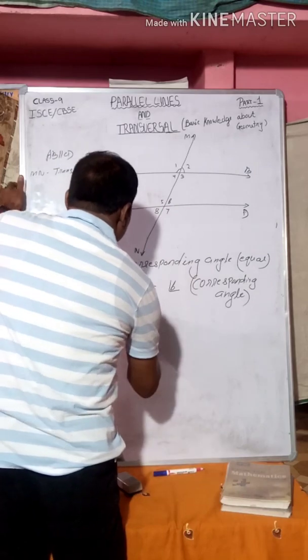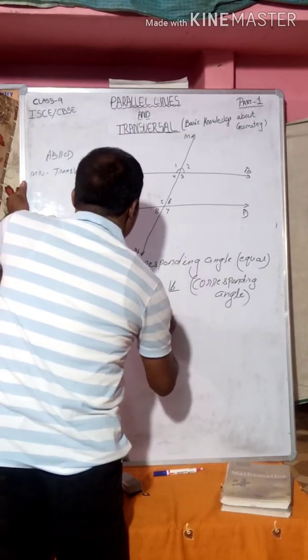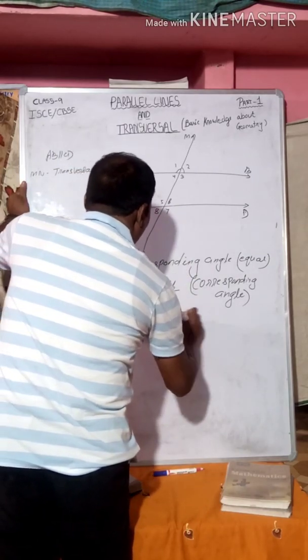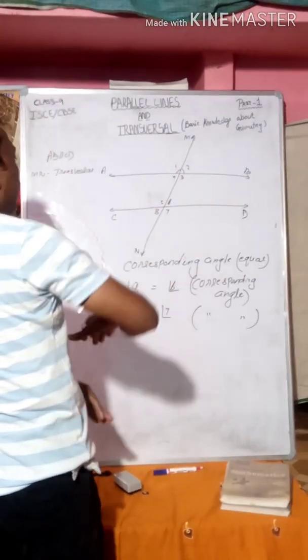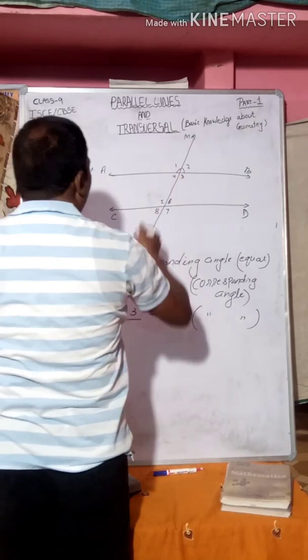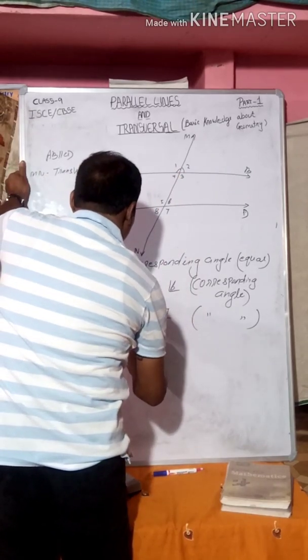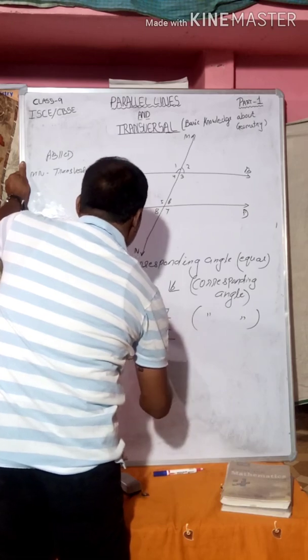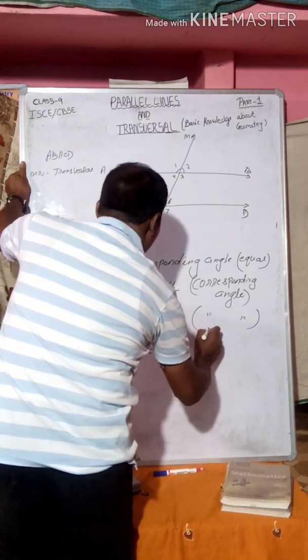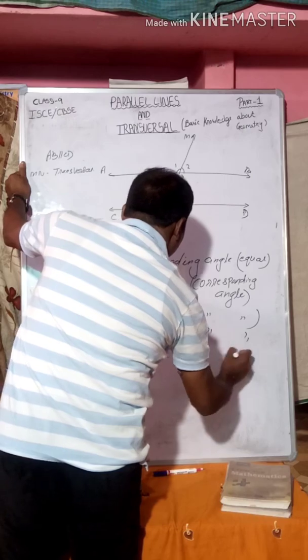Likewise, angle 3 is equal to angle 7, that is a corresponding angle. Then come to the next side of the transversal. Angle 1 is equal to angle 5, angle 4 is equal to angle 8. All are corresponding angles.